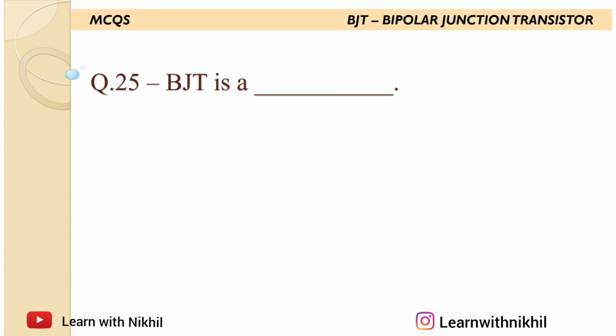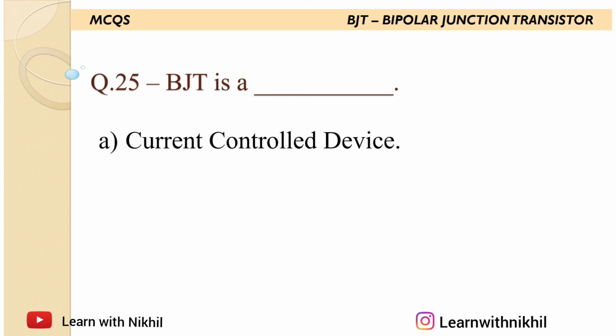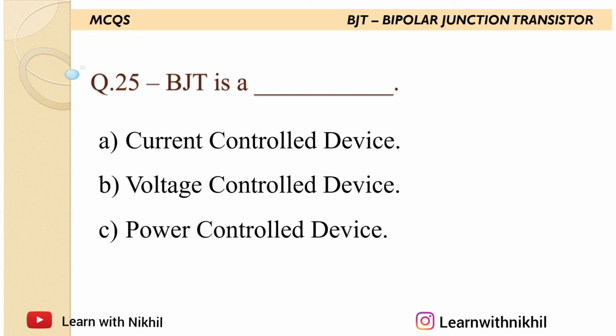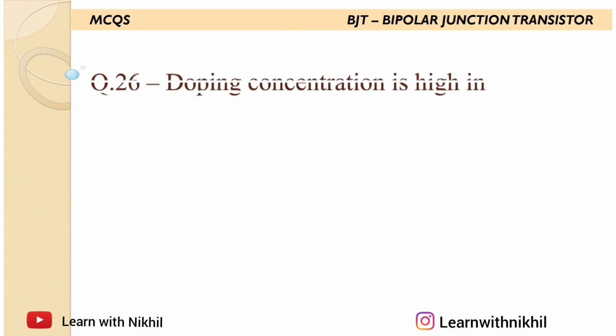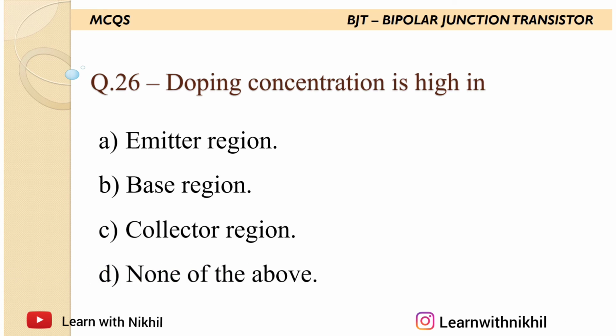Next question. BJT is a dash. A, current controlled device; B, voltage controlled device; C, power controlled device; or D, none of the above. And the answer is current controlled device. Next question. Doping concentration is high in A, emitter region; B, base region; C, collector region; or D, none of the above.